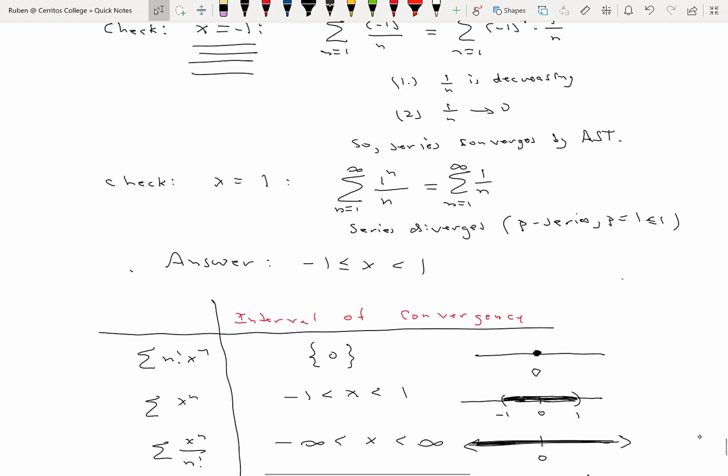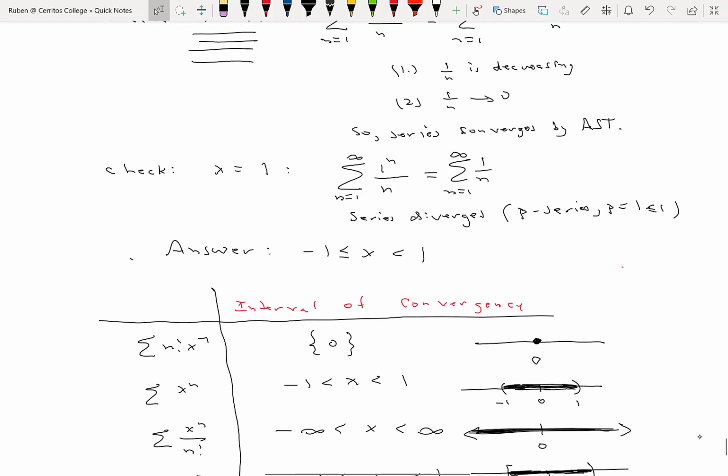The next one converged in a huge open interval centered about 0, the whole x-axis. But still, it's convergence in an interval centered at 0. The interval of convergence for every power series centered at 0 must be an interval centered at 0.